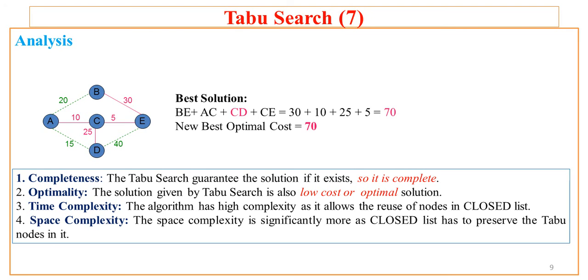Regarding the space complexity, the algorithm has a significantly larger space requirement, as the closed list is preserved and taboo nodes from the preserved closed list are to be used for further iterations. So space complexity is significant.